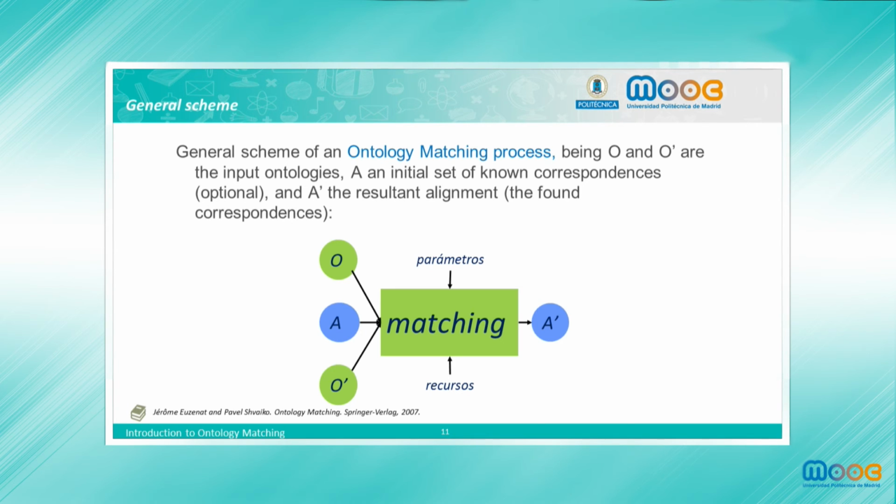Of course, there are many ontology matching systems around, and they follow different approaches, but most of them follow this pattern that consists of the two ontologies as input, and optionally a set of initial alignments already known, and then the resultant alignment is given as output, and a set of parameters and resources that might be useful, for instance, thresholds, or the use of external resources, lexicons, or other resources might be useful also in the process.